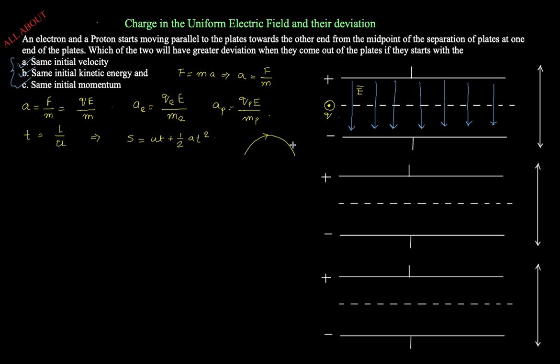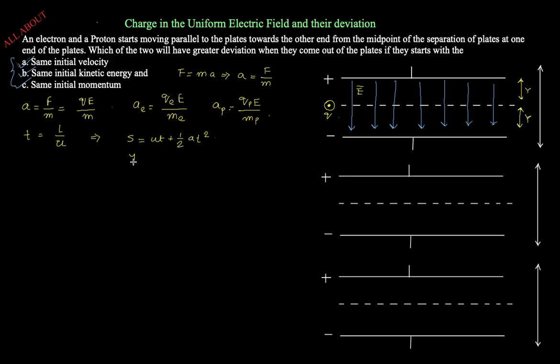Similarly, if a particle is moving in a uniform electric field, its motion is either like this or like this. That means it has some deviation. We can say this deviation is y, either positive y or negative y, depending upon the charged particle.